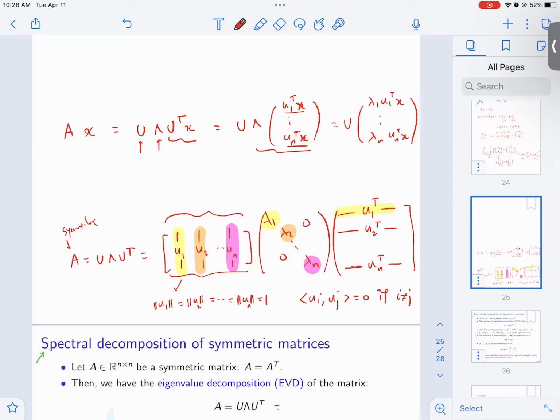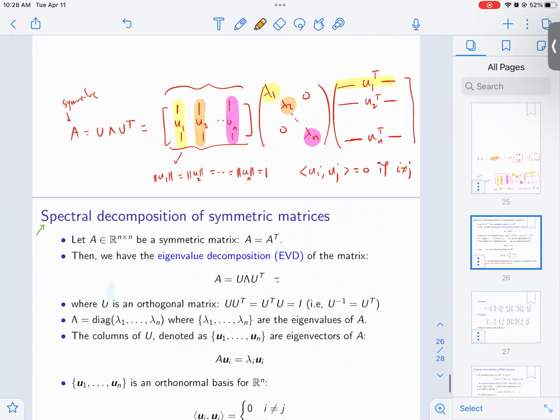So you can think of symmetric matrices as acting like diagonal matrices in a proper basis, which is the basis of the eigenvectors. This simplifies a lot of the arguments, or anything that has to do with symmetric matrices. You can immediately gain a lot of insight by using this decomposition.